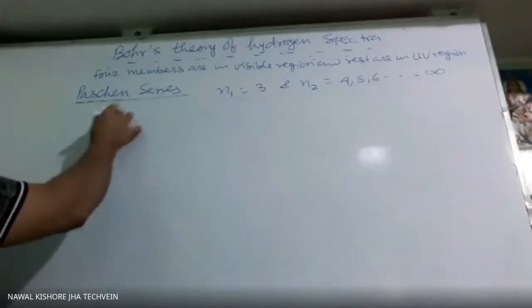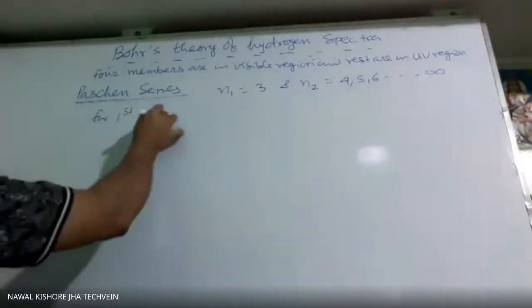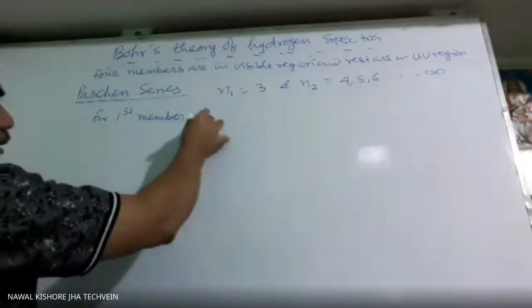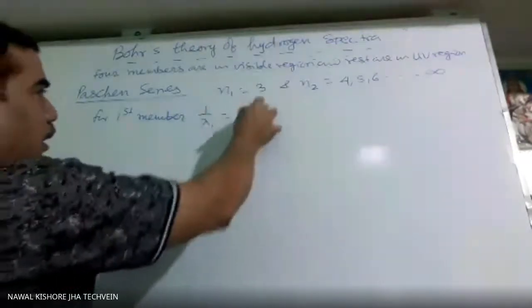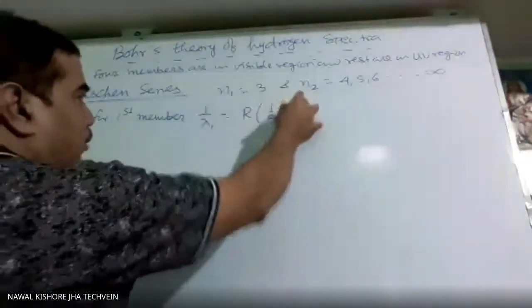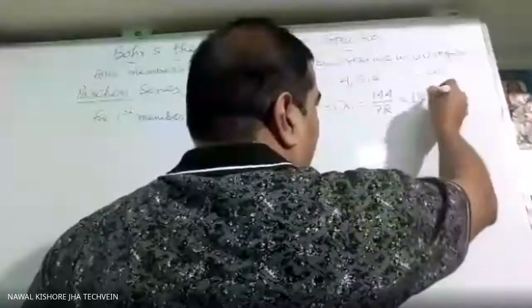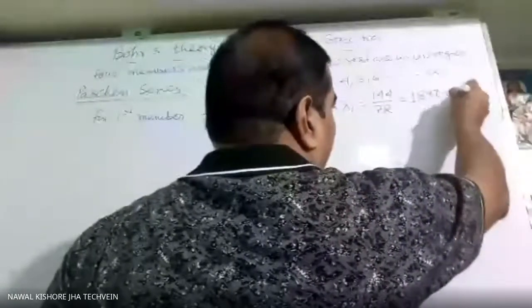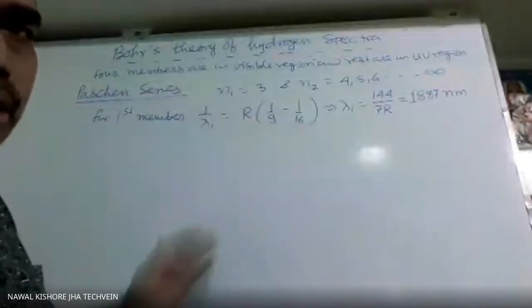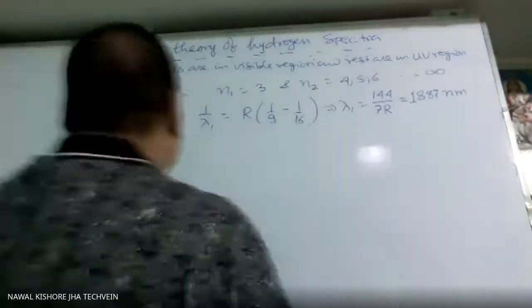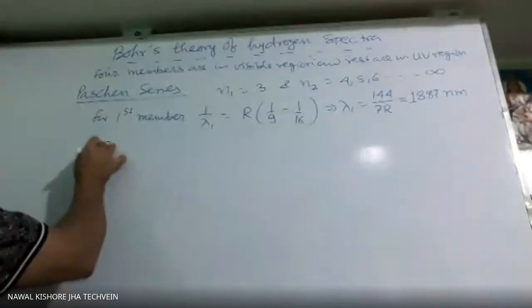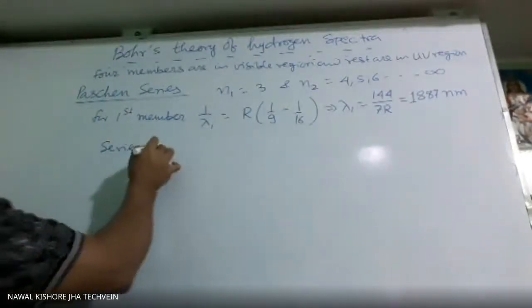So for the first member, it is 1 by 9 minus 1 by 16, that is 1875 nanometer. In which region is it? 400 to 800 is visible. Above that, which region? Infrared region. Now the series limit, where all the members are in the infrared region.